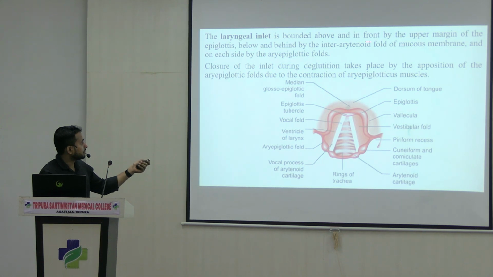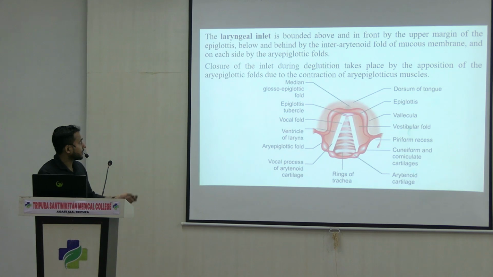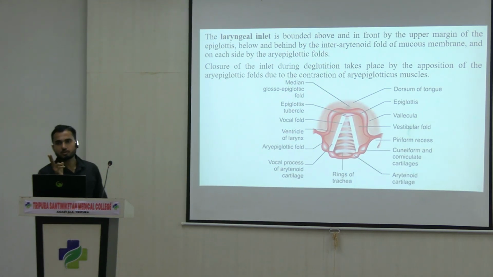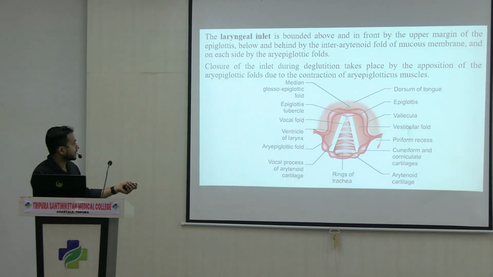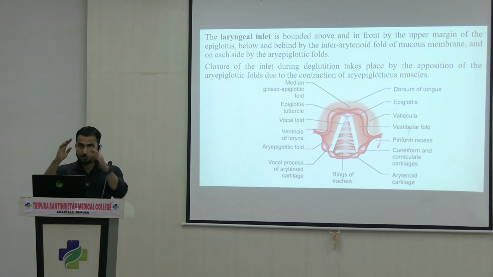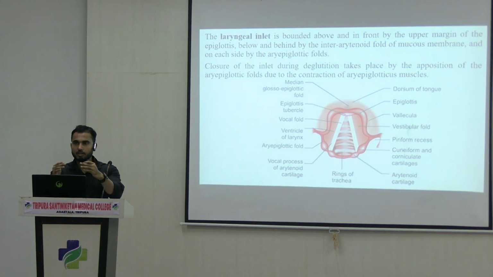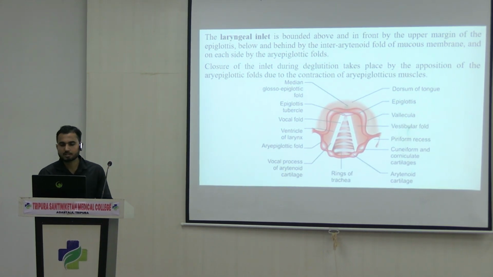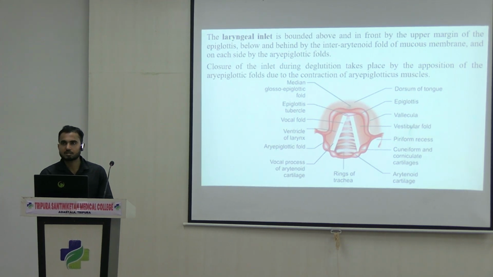So it is bounded above and in front by the upper margin of the epiglottis, and below and behind it is formed by two folds of mucous membrane, that is the interarytenoid fold and aryepiglottic fold. So like this the boundaries are formed above and in front, and then you can see below and behind, that is the boundary.